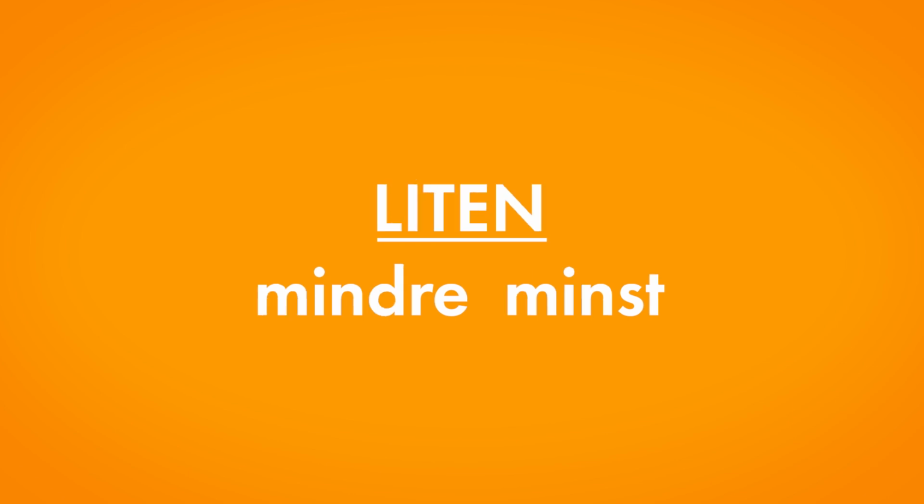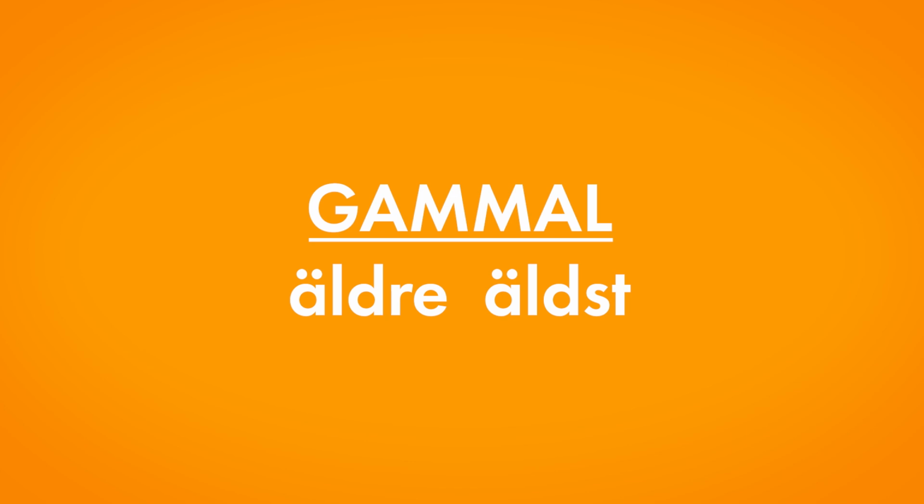Then we have liten, mindre, minst. Small, less small. What's it called? Smaller? Yeah, and smallest. So in Swedish it's irregular, and in English it's not. And we have gammal, old, äldre, äldst. There you go. So we have a few, not a whole lot, but a few, and these are important to know.